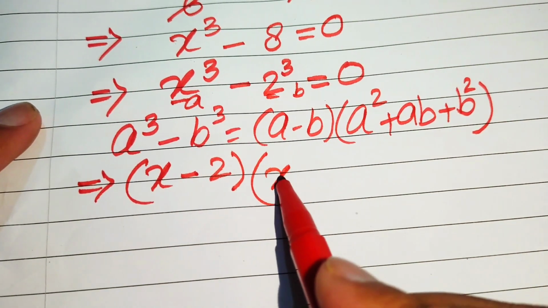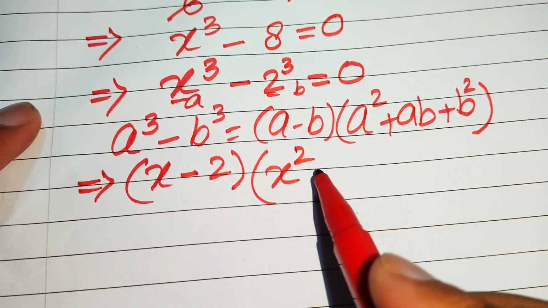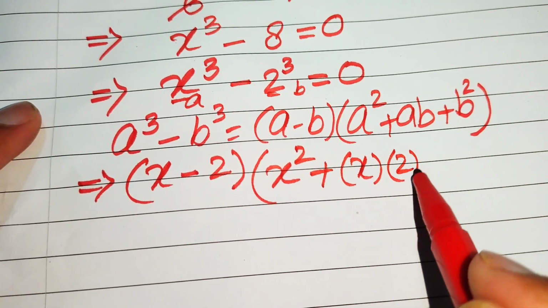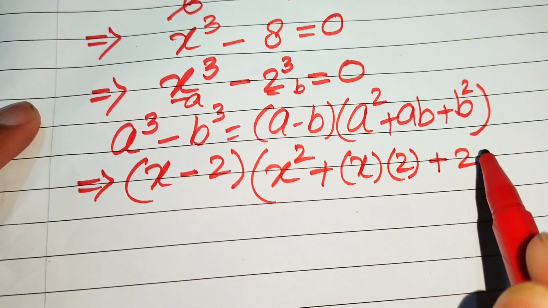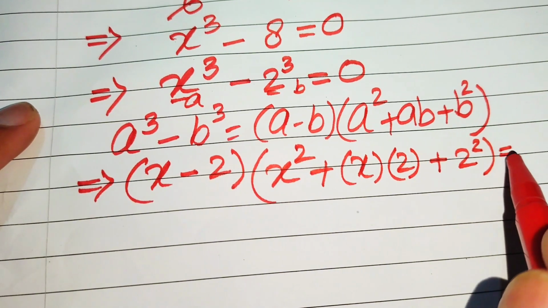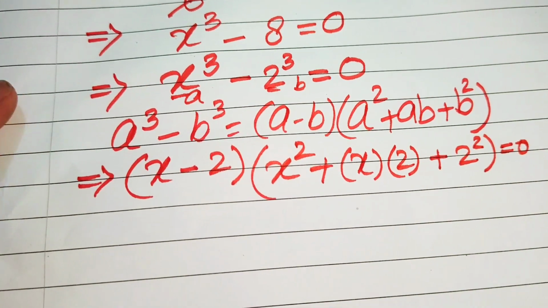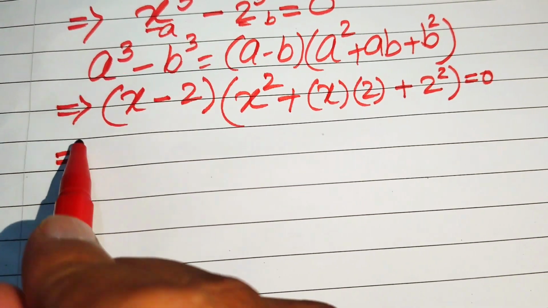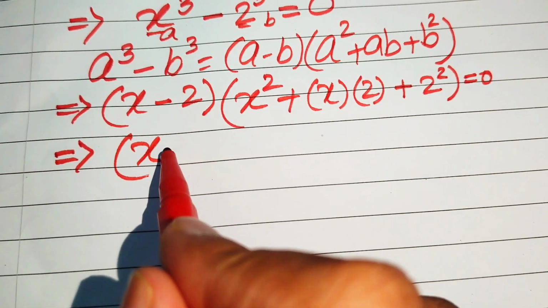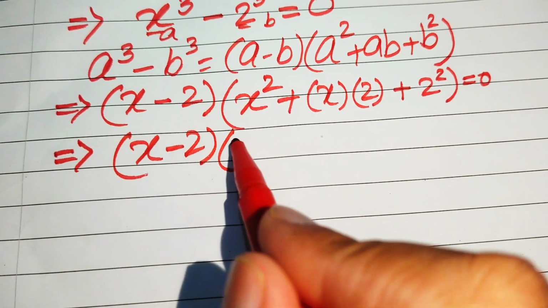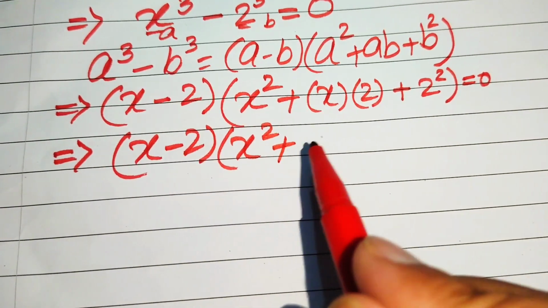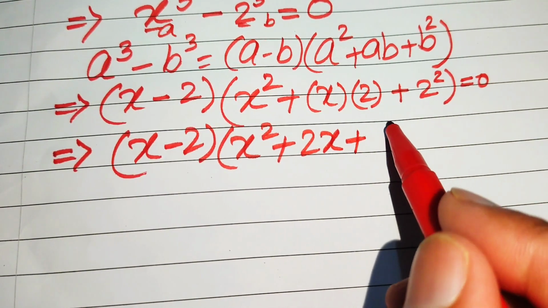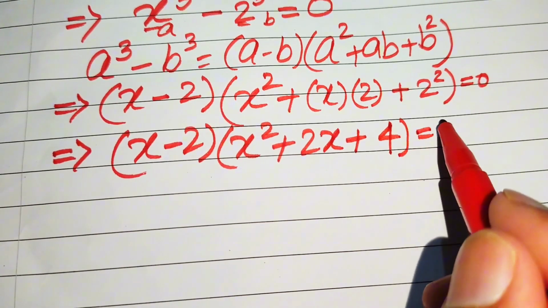So in the next step, with some simplification, we write it as (x − 2)(x² + 2x + 4) = 0, since 2² equals 4.